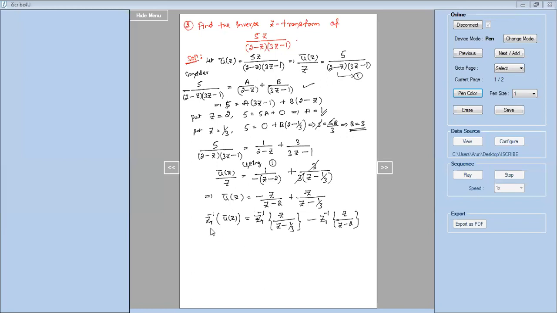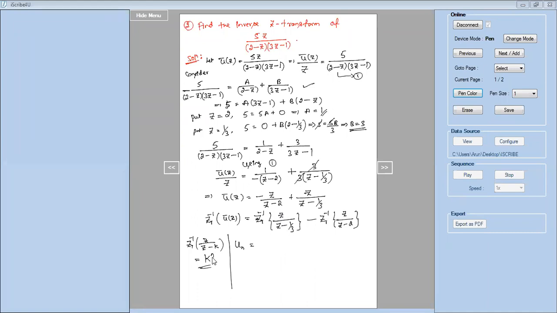And now we know ZT inverse of u bar of Z is UN. So we get UN equals. So what is the inverse of this? So it is again the same. You can observe here, this is ZT inverse of Z by Z minus K. The formula is K power n. So Z inverse of Z by Z minus K is K power n.